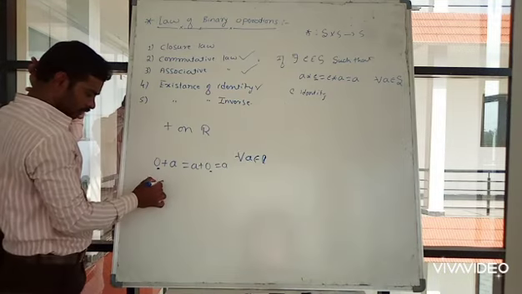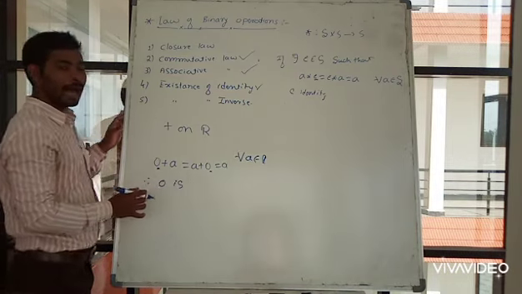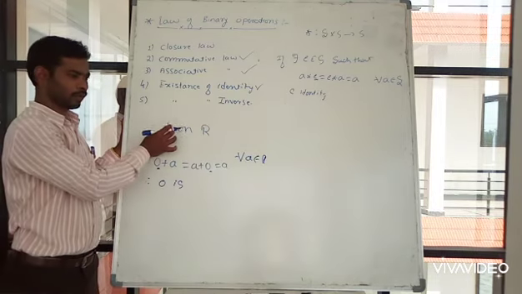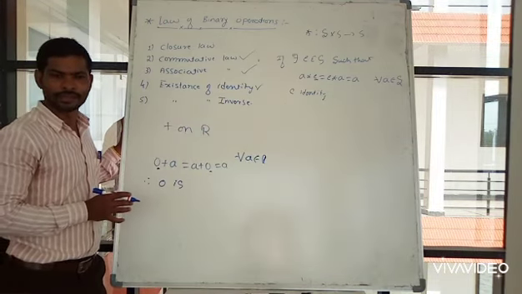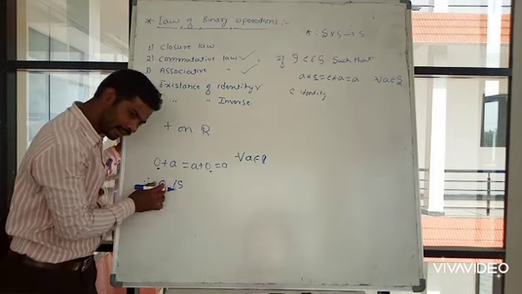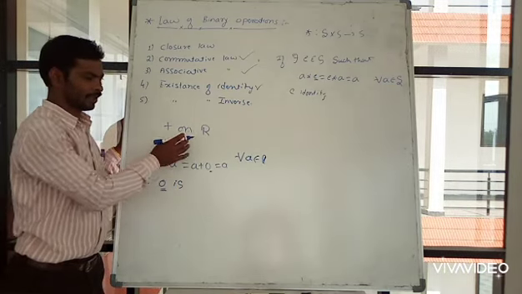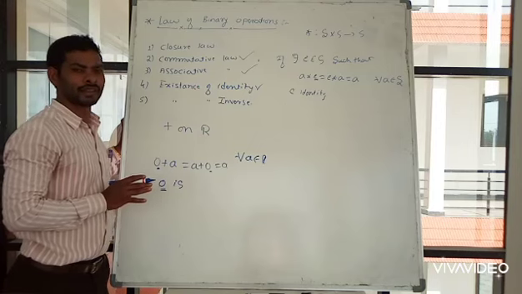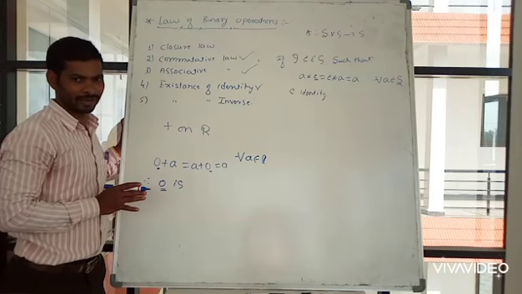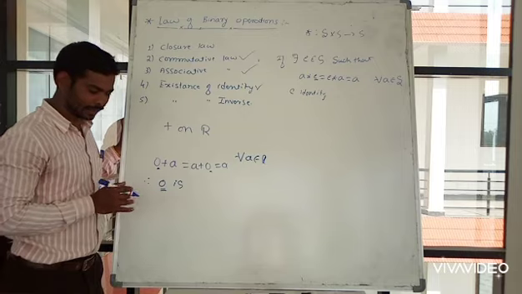So therefore 0 is the identity element for the binary operation addition. We can say that this 0 is also the additive identity on the set of all real numbers.